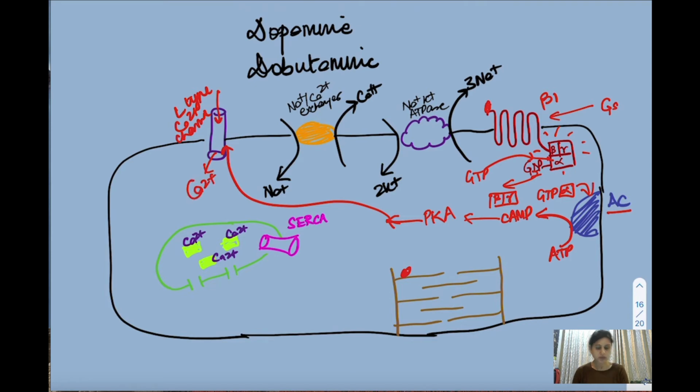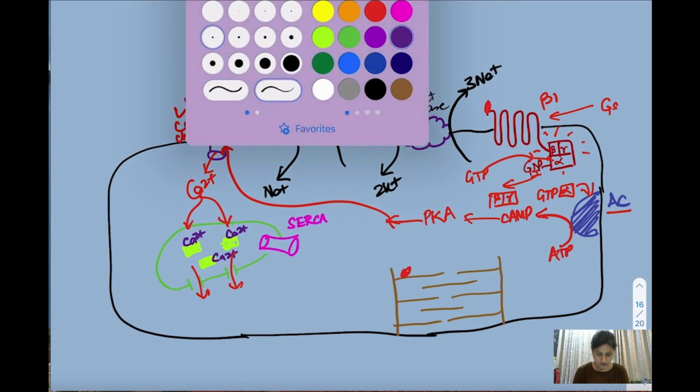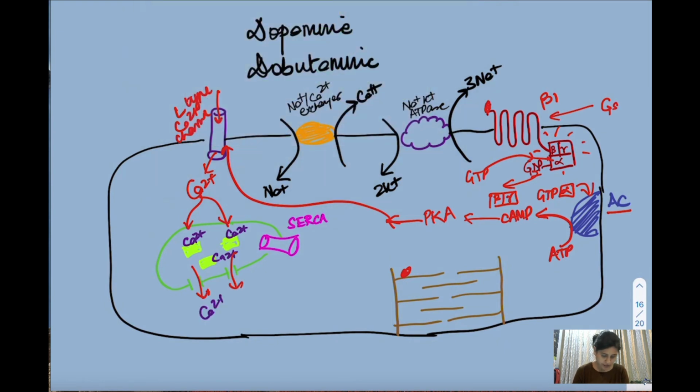And the rest of the story we all know. What does calcium do? It's a trigger. It acts on the sarcoplasmic reticulum and causes the release of calcium ions through the ryanodine receptor. Because more calcium is entering, more calcium is going to be released from here.